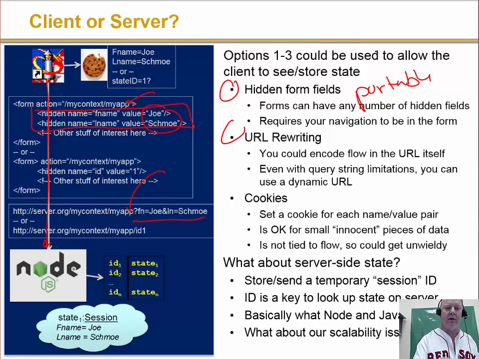We've already done cookies in the class, so I could store a cookie that has first name and last name on it in the browser and then just send that every single time on subsequent requests. One thing though is cookies aren't fully portable because you can turn cookies off in the browser, right? As the end user, you can say I don't want to store a cookie for this particular domain, which means the end user could actually make it such that your application semantics won't work by turning off cookies.